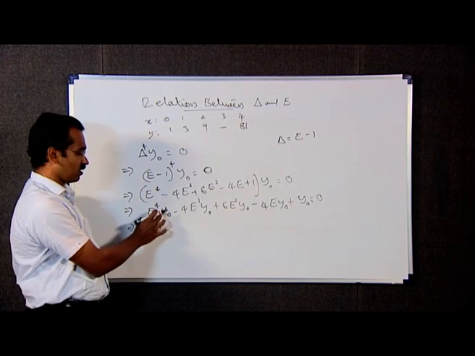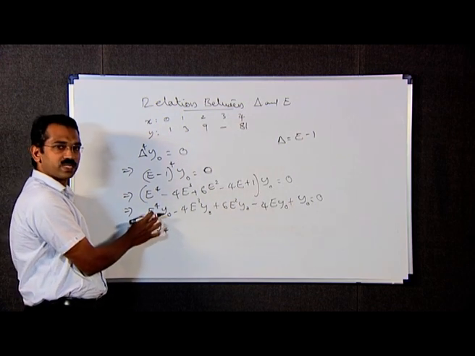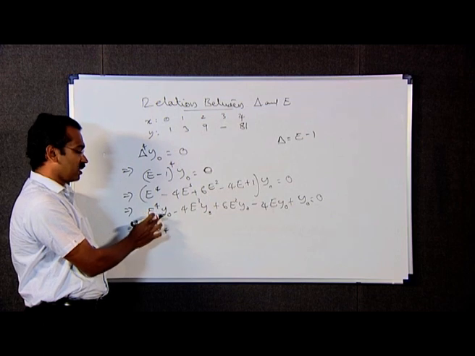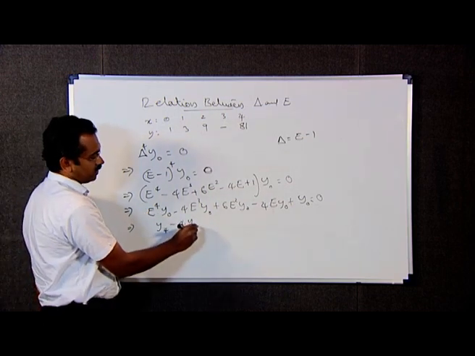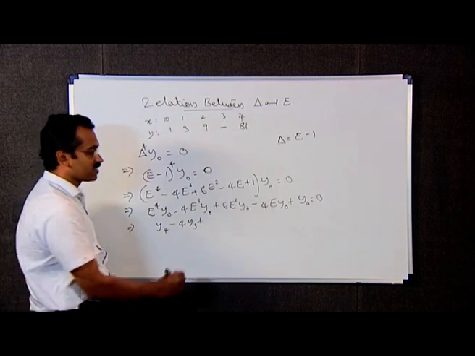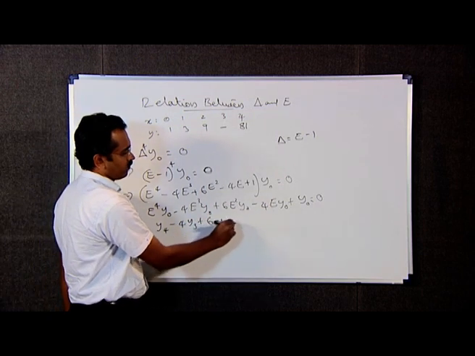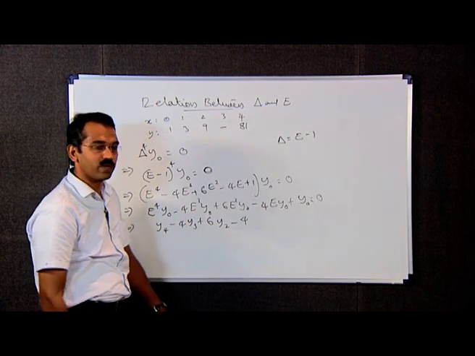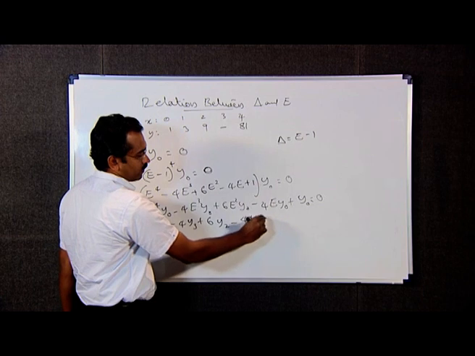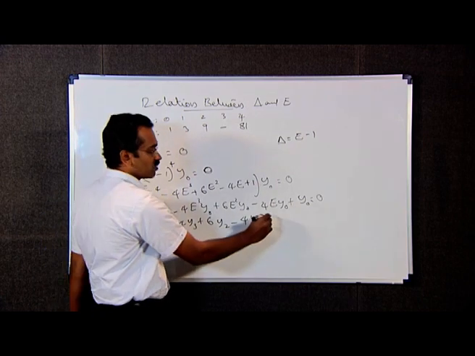By the definition of shift operator, we can write this as y4 minus 4 y3 plus 6 y2 minus 4 y1 plus y naught is equal to 0.